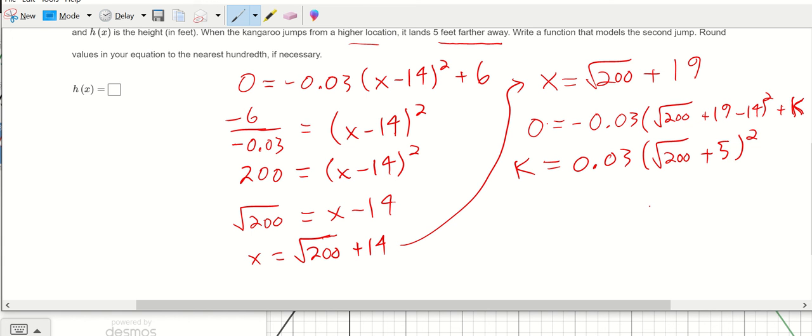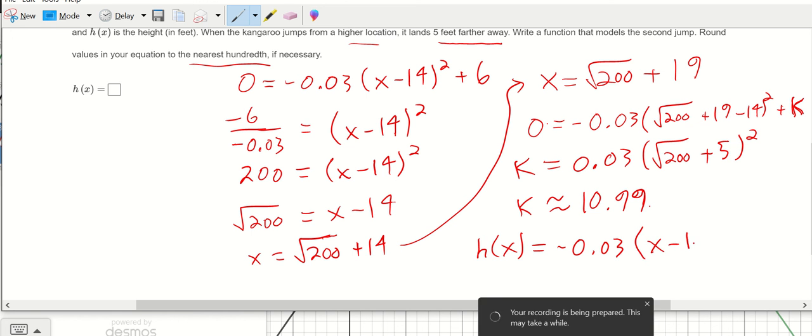And my calculator tells me it's 10.99264, so rounding any values to the nearest hundredth, second decimal place, that'll round to 10.99, which means my new function h of x is 0.03 x minus 14 squared plus 10.99.